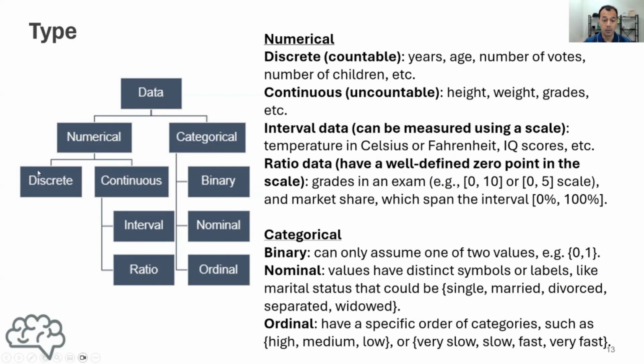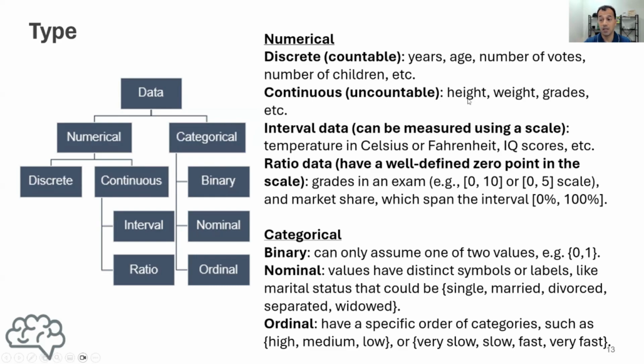When we talk about numerical data, they can be either discrete or continuous. And by discrete here, I mean countable data. For example, we have the years, the age, the number of votes, the number of children that someone has, and so on and so forth. So discrete data are countable data. By contrast, continuous data are data that are uncountable.